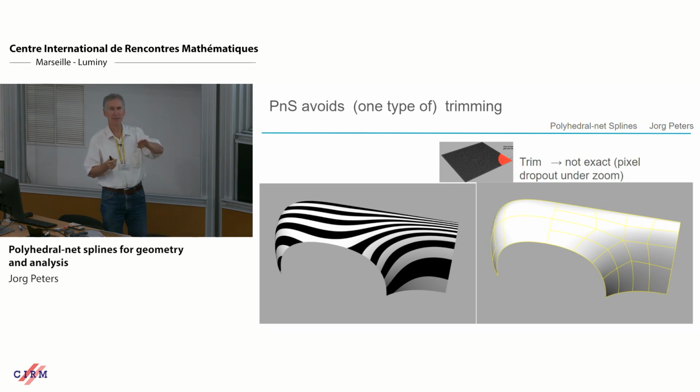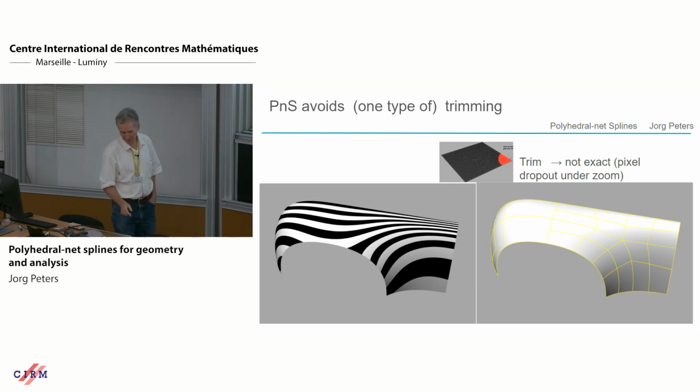And then, of course, you start the game of having pieces cut off and other pieces to fit to that cut-off piece, which is no longer a nice piece. It's no longer in the domain of straight lines. So in the end, you'll have pixel dropout, which means the surfaces that you create with this trimming process are not even C-1. They're not even continuous.